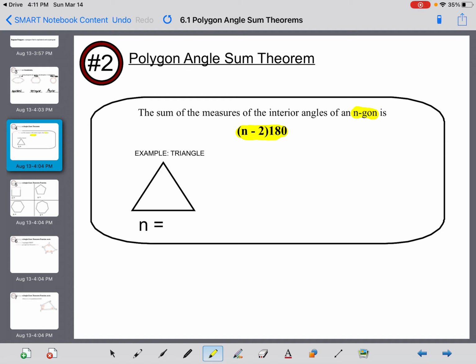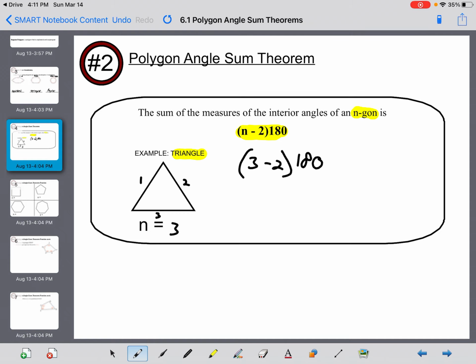So that's going to tell you the sum of the measures of the interior angles of a polygon. For our example, we have a triangle and n is 3, right? We have 3 sides. So this becomes 3 minus 2 times 180.